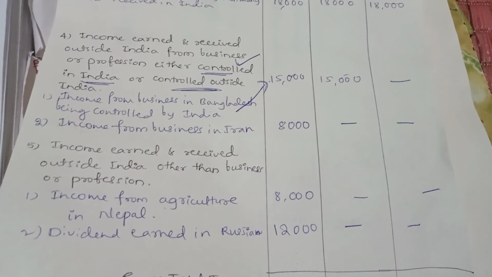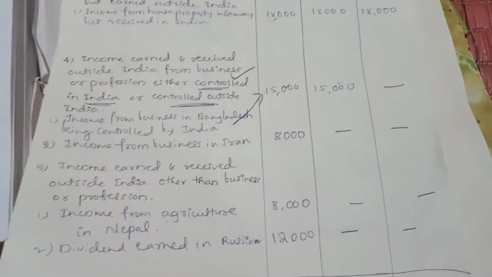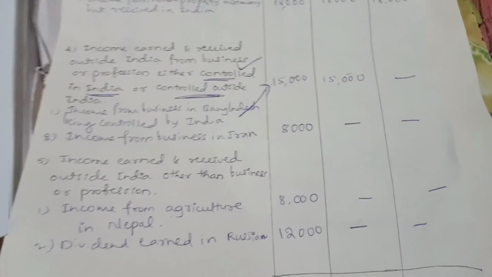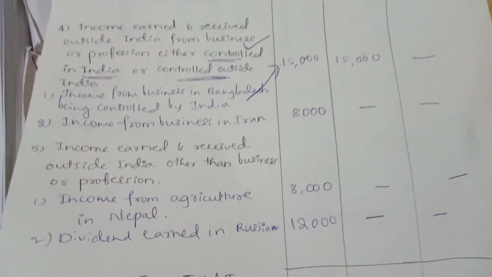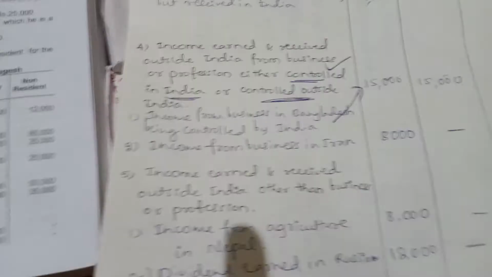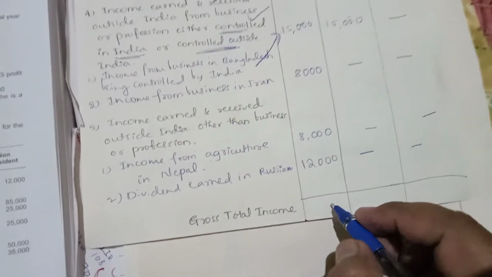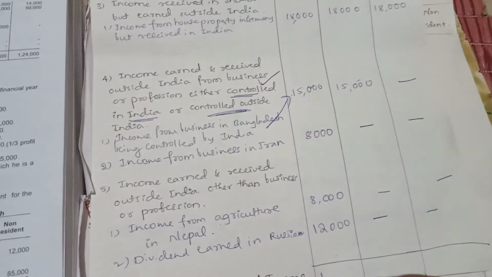When you add all these amounts, you will get rupees 1,28,000.